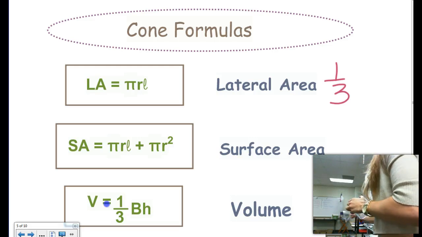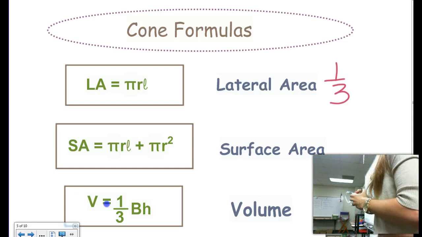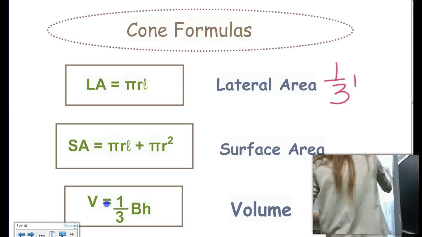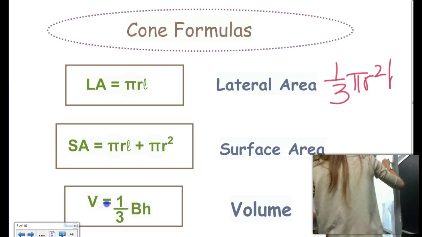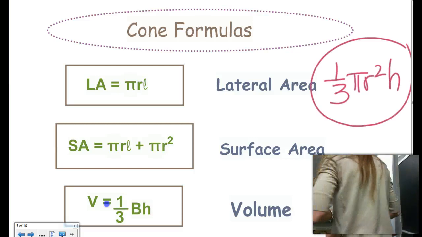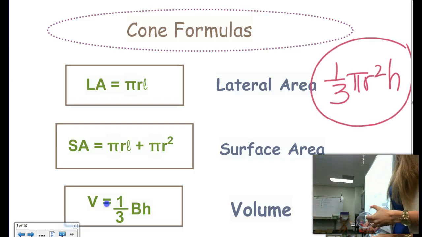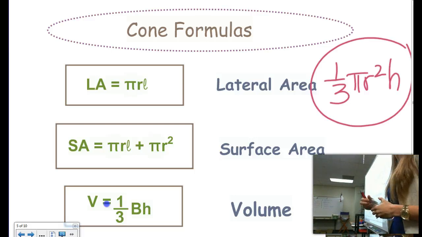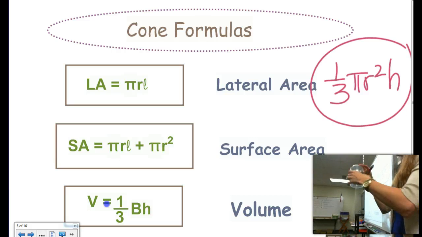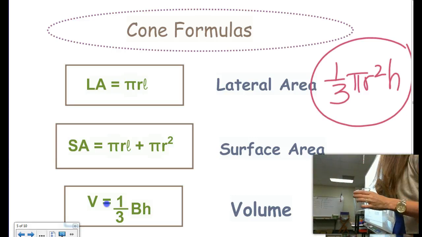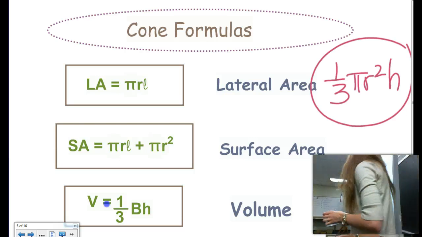Guys, you should have memorized the area of a circle. Pi r squared. This is what you put where that blank is. It's base times height, but the base is a circle, so it's pi r squared times the height divided by 3, because 3 cones fit in a cylinder. All right, formulas are done.